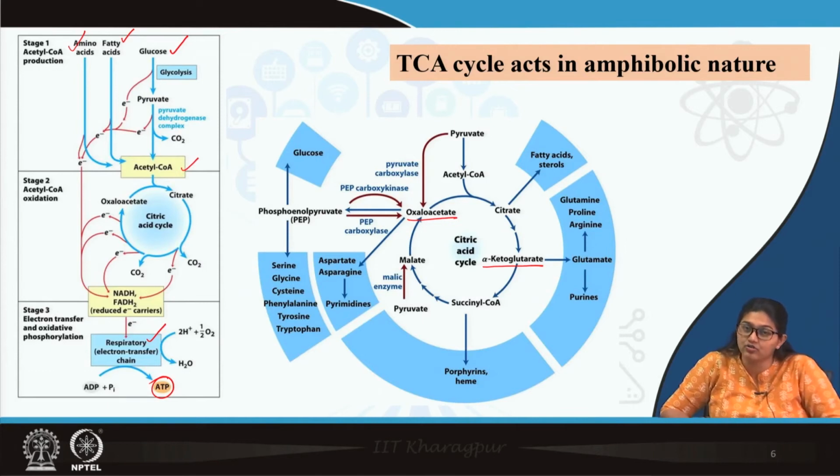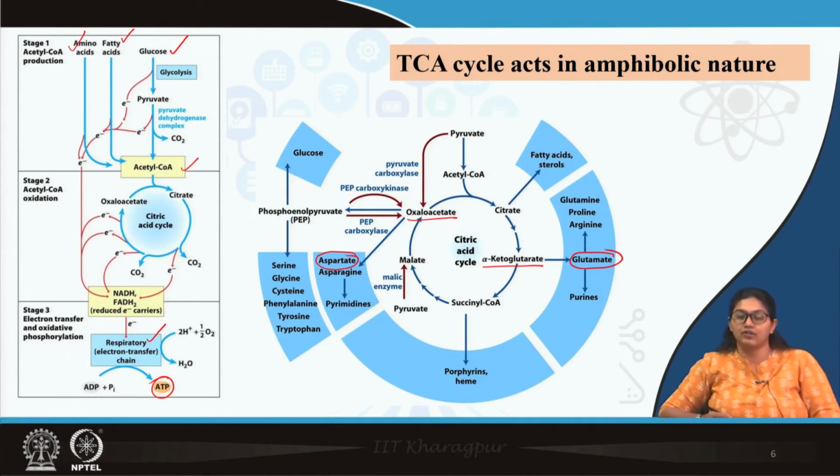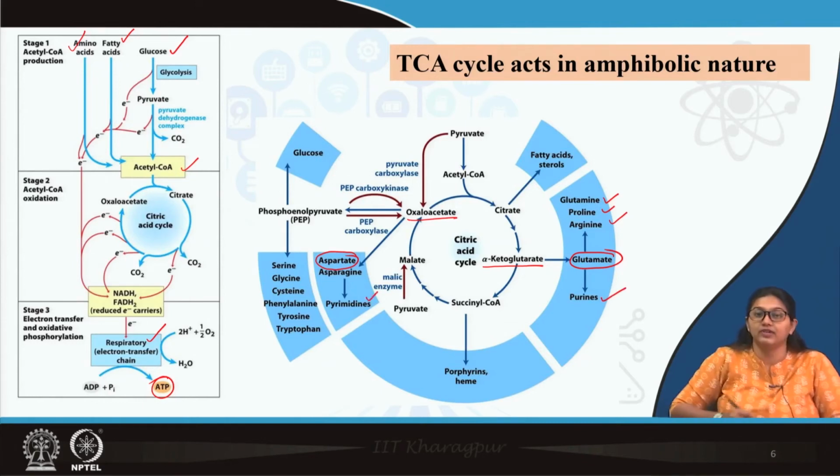So, alpha ketoglutarate and oxaloacetate, these are the two important intermediates of the TCA cycle which by transamination reaction form glutamate from alpha ketoglutarate and aspartate from oxaloacetate, and these two molecules finally are utilized to form other amino acids, and also nucleotides, purines and pyrimidines.